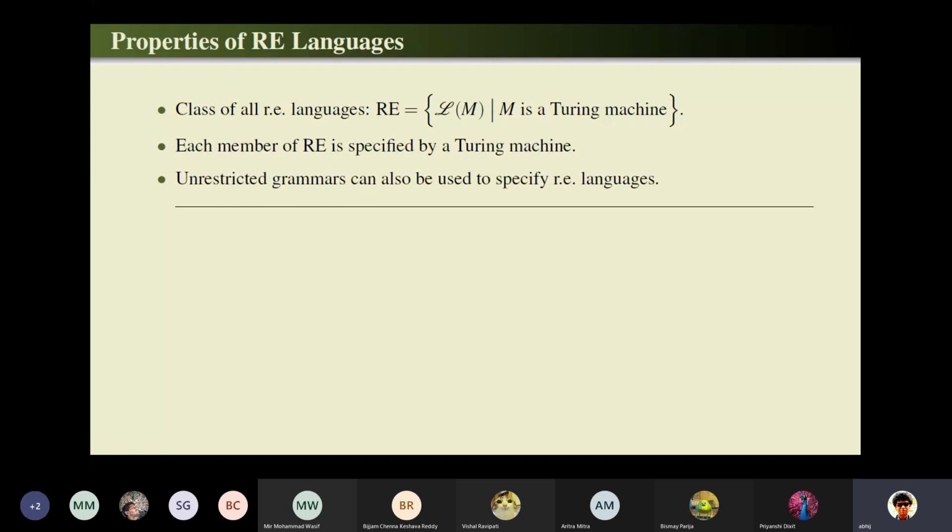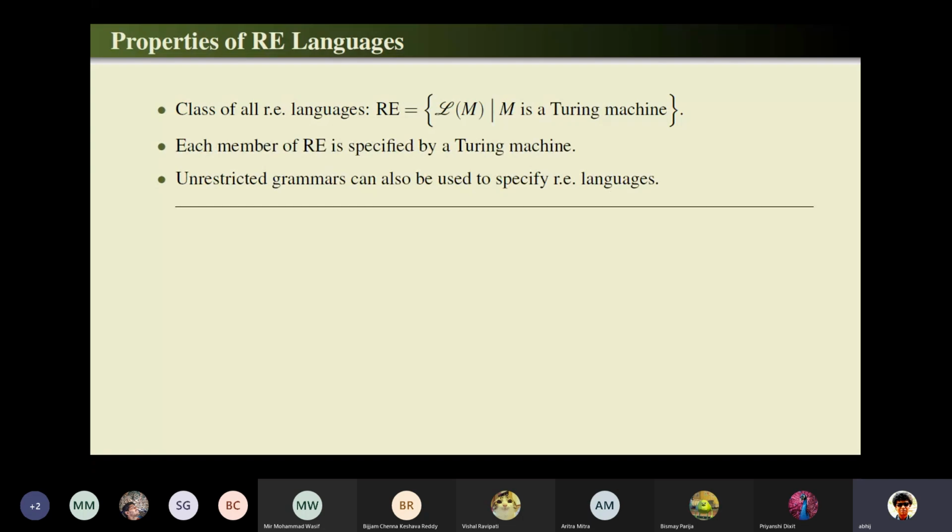I will come to that a little later. One possibility is I supply a Turing machine, or more precisely its encoding, and I say this is the RE language, that is, the language of this machine. This is one way of specifying RE languages.